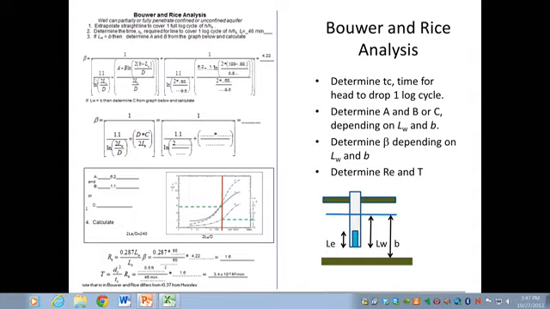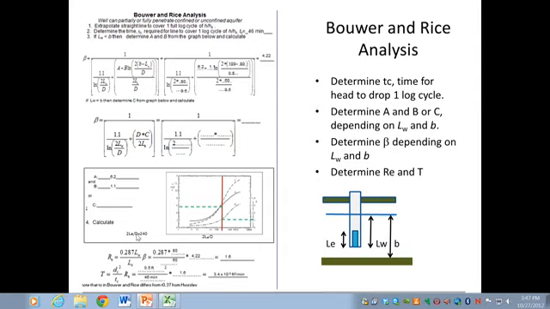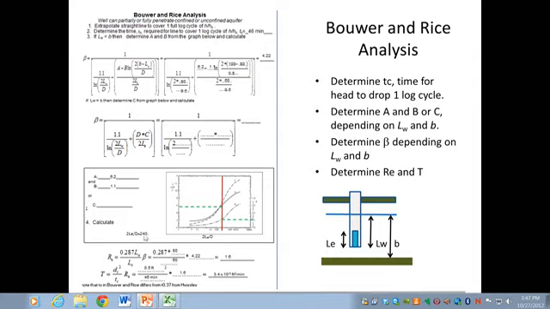So in order to calculate this, we have to first come down here and determine these constants A and B. So here's the way you do it. You have to determine this term, 2 times LE divided by D, and for the dimensions of this problem, that's equal to 240. So we come here to this graph, and this graph was determined by Bouwer and Rice.